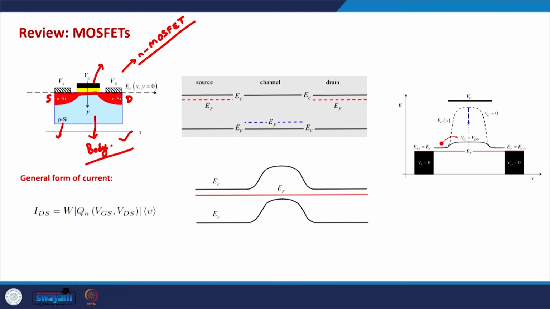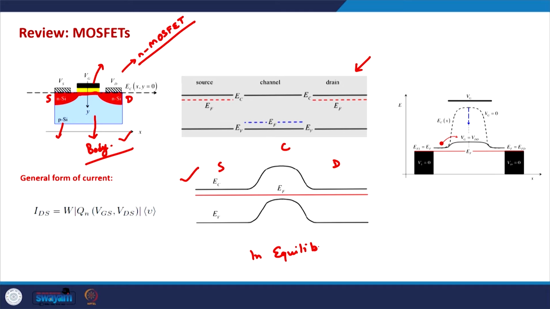If we go to the energy landscape, this is how the energy band diagrams of source, channel and drain look when it is assumed that they are not joined. When we join the source, the drain and the channel, this is how it looks, and this is the equilibrium picture.